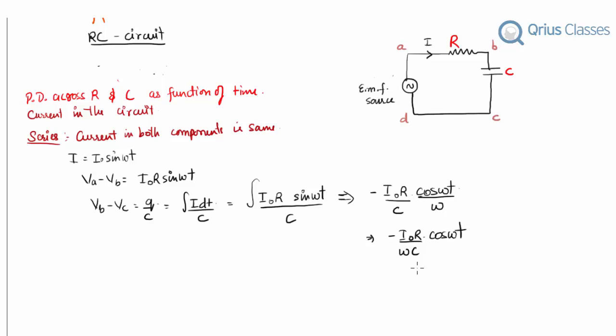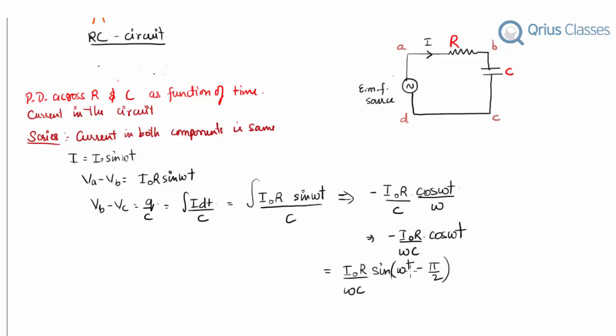We can write this function in terms of our initial sinusoidal form, I naught R divided by omega C sine of omega t minus pi by 2.